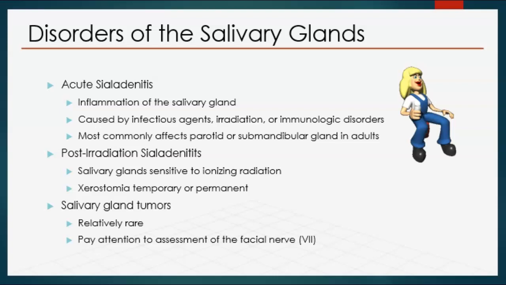Can they wrinkle up their nose, pucker their lips, puff out their cheeks, or can they smile, or can they frown? So look for asymmetry when you ask your patient to perform those motions. Make sure that it is symmetrical, like both sides do the same thing.